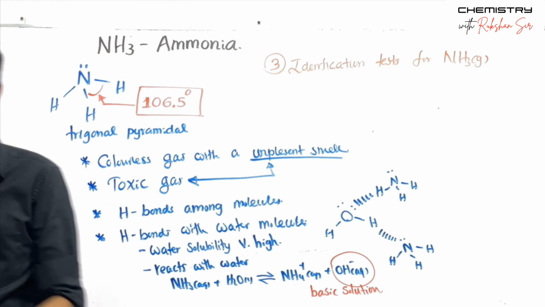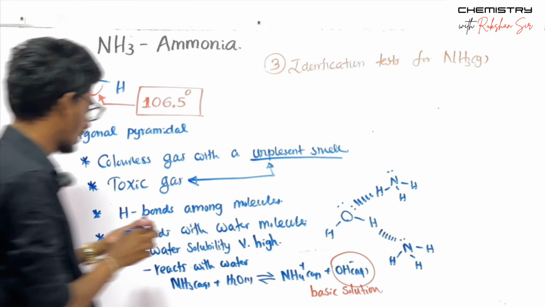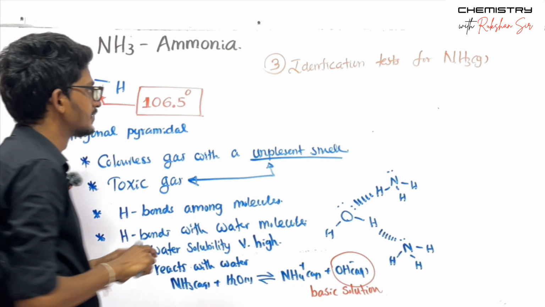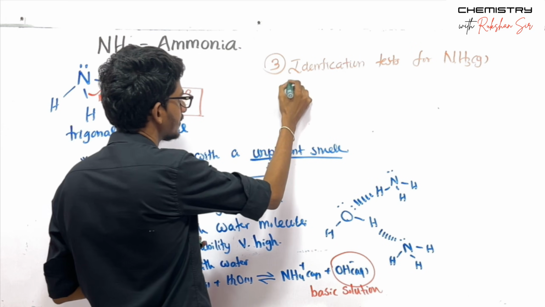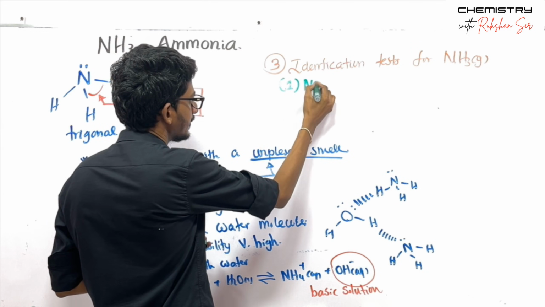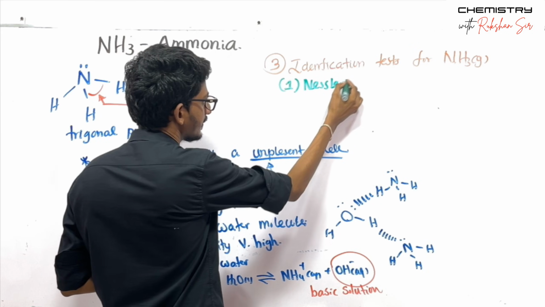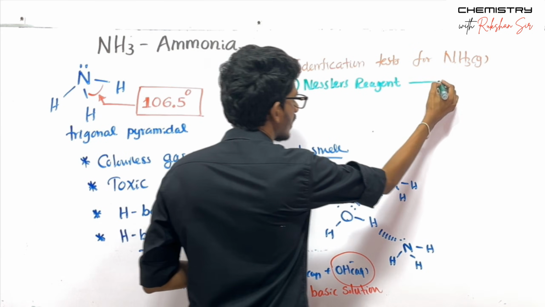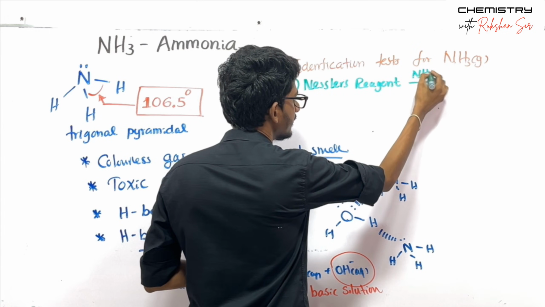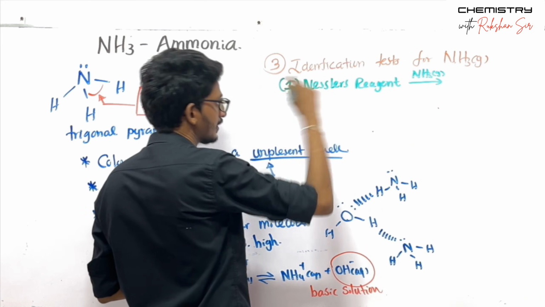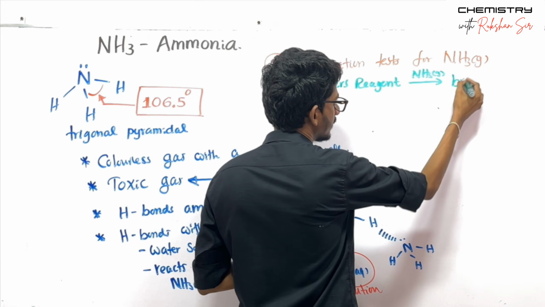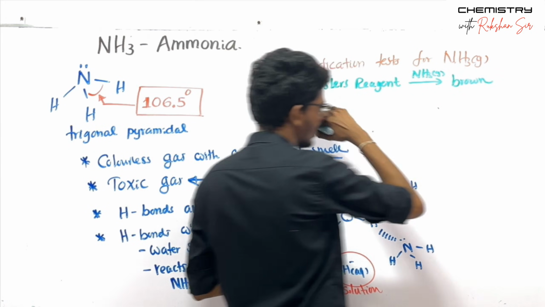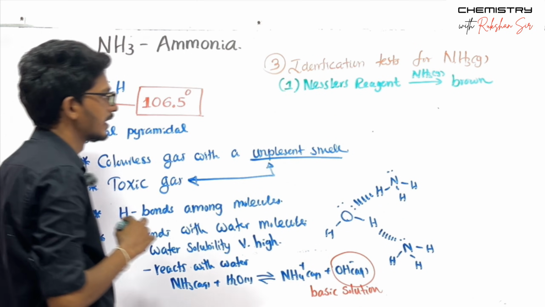The first one, basically we can use Nessler's reagent. When you bubble ammonia there, Nessler's reagent turns brown.